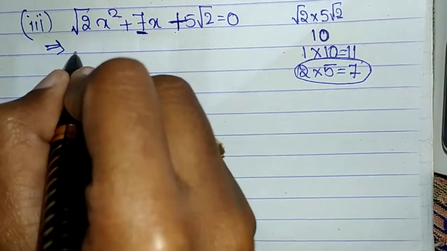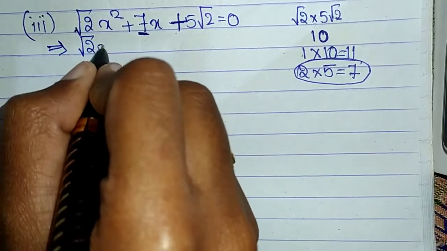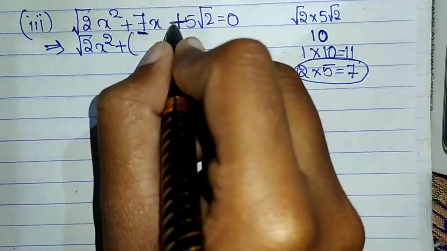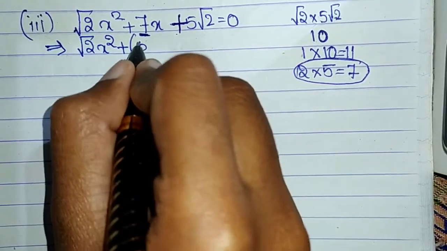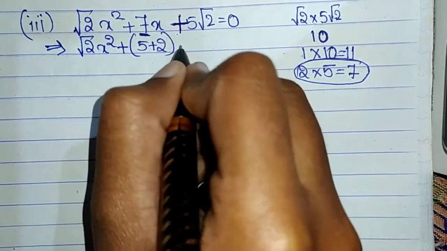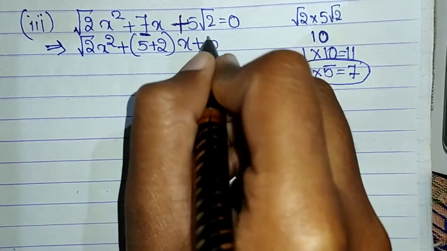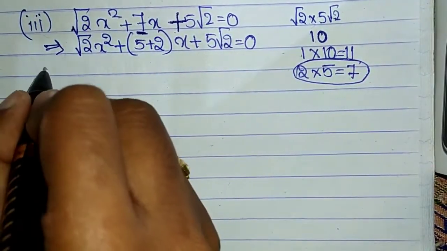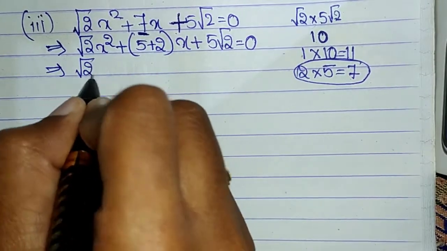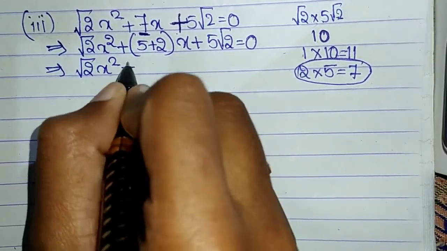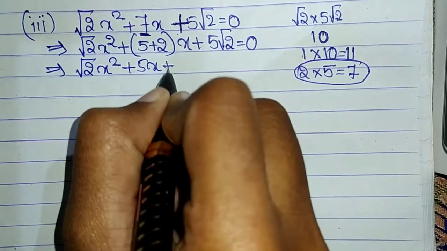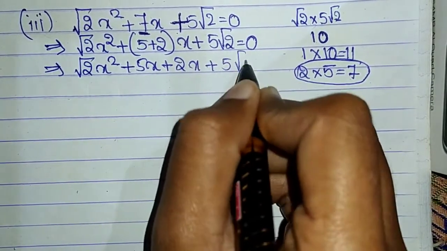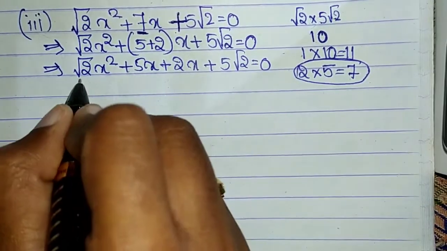So now let us rewrite our equation. Root 2x square plus, we should add them, 5 plus 2x plus 5 root 2 is equal to 0. So opening the brackets, root 2x square plus 5x plus 2x plus 5 root 2 is equal to 0.